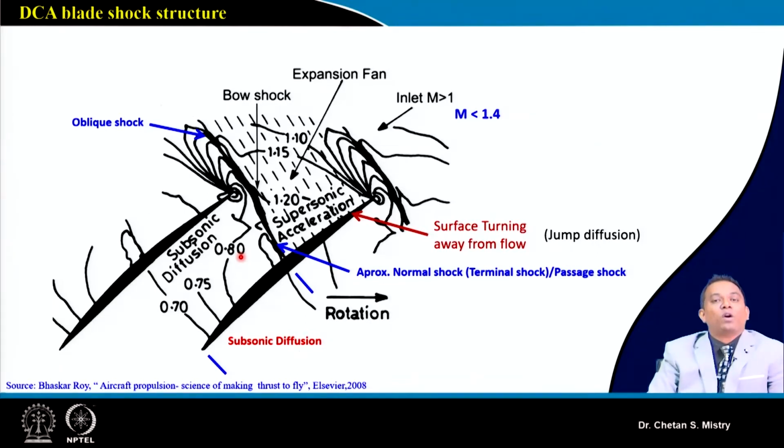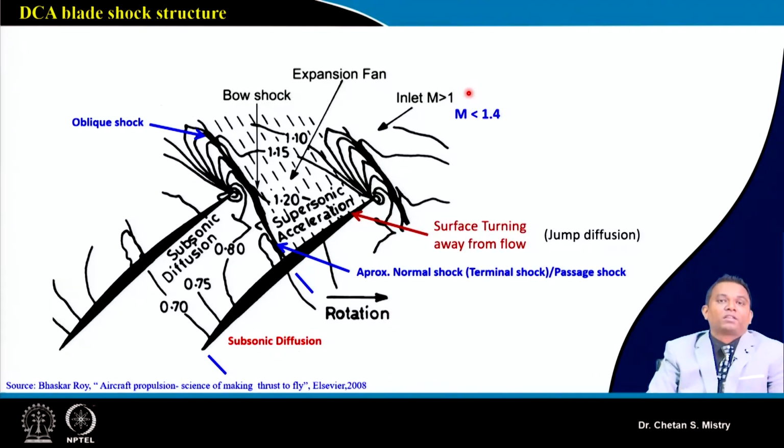Now as we have discussed, we are looking for very high pressure rise. When we are looking for per stage pressure rise to be very high, under that condition maybe we need to go with a high rotational speed, or if we are talking about the fan, it will have a larger diameter. Under that condition, it may be possible that our inlet Mach number will be in the range of 1.6, 1.8 or maybe 2.